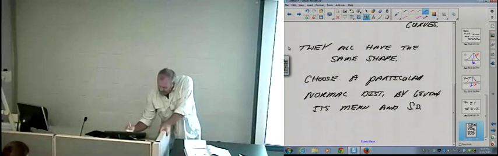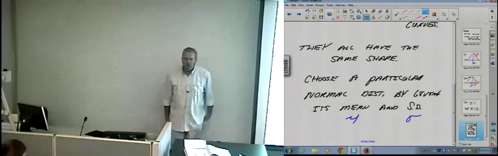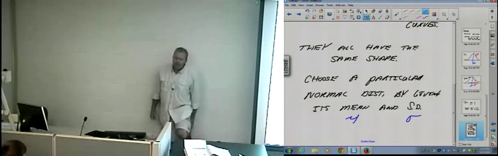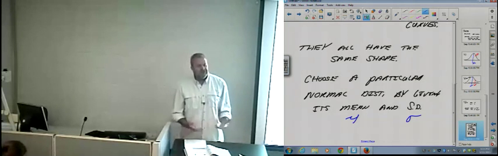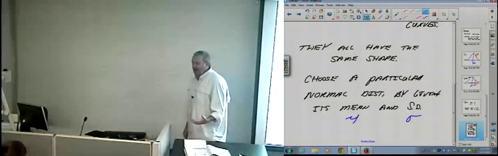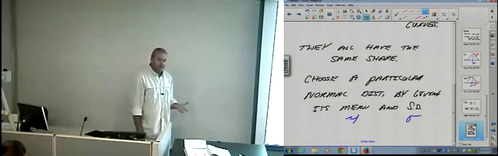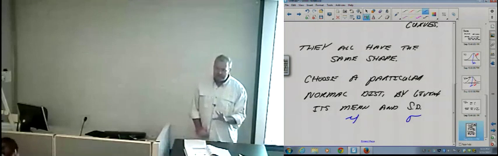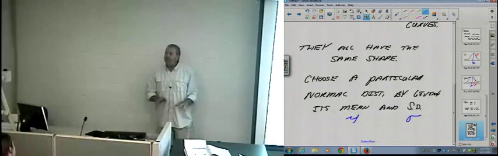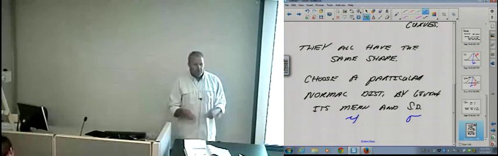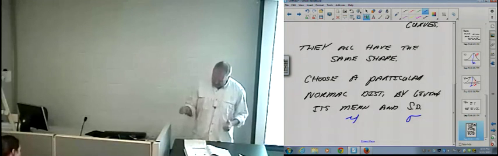And I apologize for not putting in there the mean and standard deviation. What normal distribution are we looking at? What normal curve are we looking at? You tell me which one you're looking at, because I know the shape. You tell me its mean as the center, and the standard deviation telling you about its spread, right? Remember, mean still measures center, and standard deviation still measures spread about the mean, right? So you pick out a normal distribution by telling me its mean mu and its standard deviation sigma.